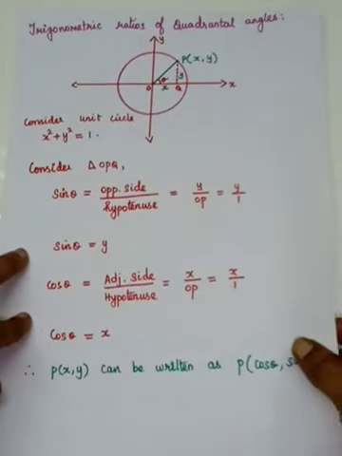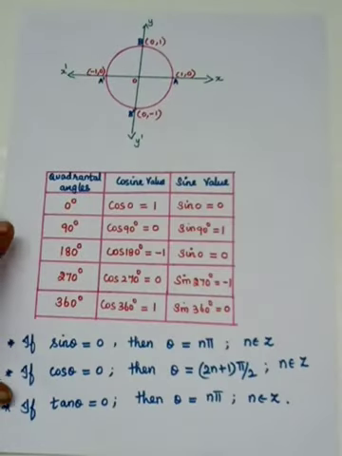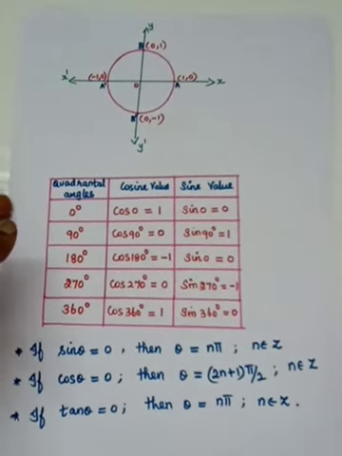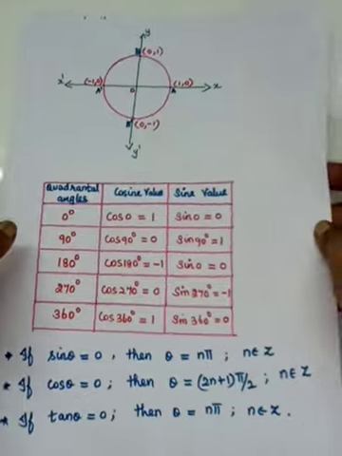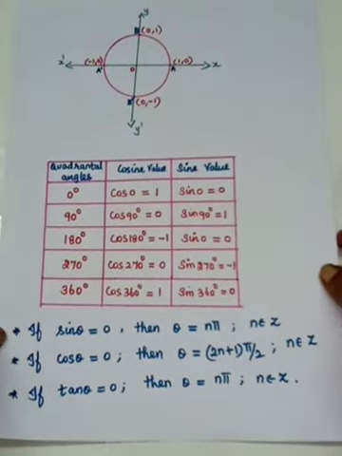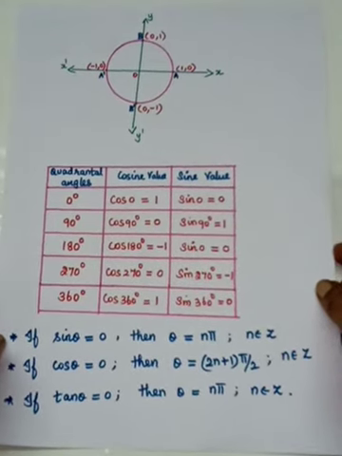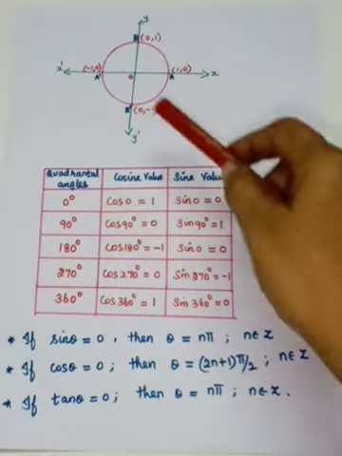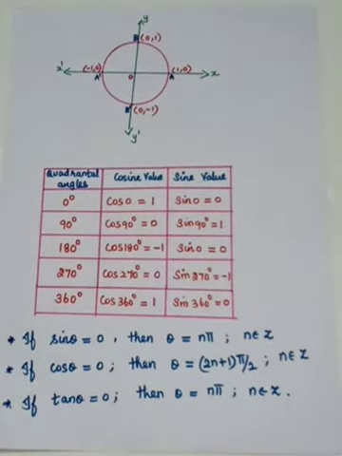Now we are coming to the trigonometric ratios of quadrant angles. All this you need not memorize. If you remember the points and the angle, you can very well write it. Here I consider the unit circle. Now we are going to find the trigonometric ratios of quadrantal angles.